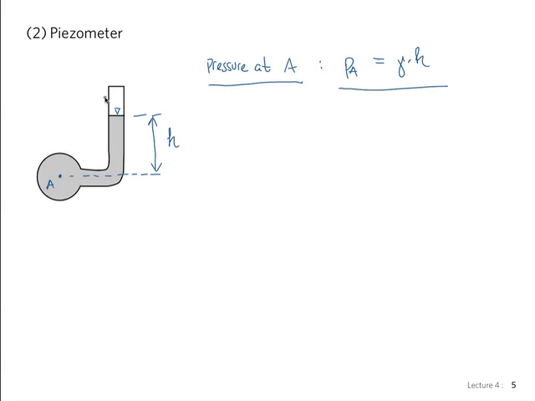Basically we've ignored the fact that there's atmospheric pressure there because this is actually a relative pressure with respect to atmospheric, which we call gauge pressure. So this is useful to measure pressures which are just slightly higher than atmospheric.